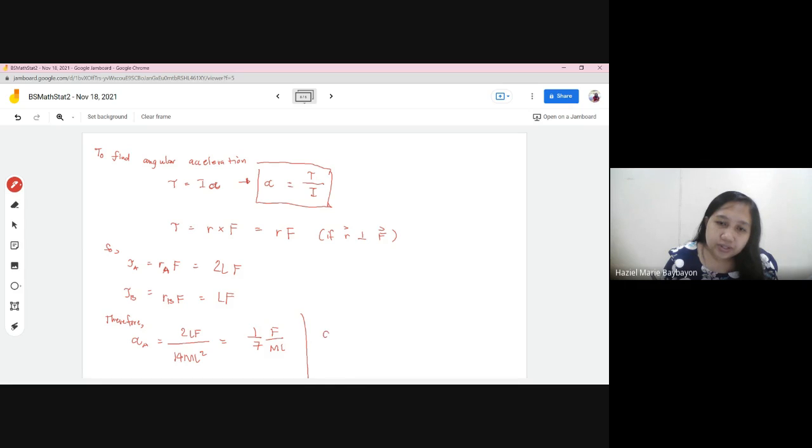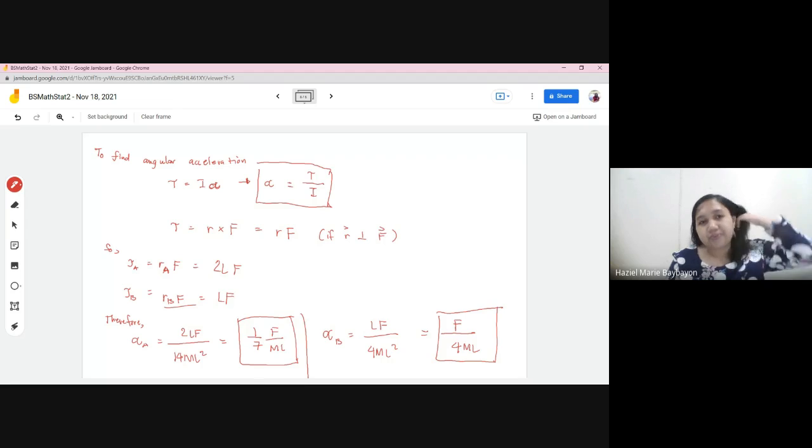And then for your system B, the angular acceleration is equal to L times F, this is the torque, divided by the moment of inertia for system B, which is 4ML squared. This can be simplified: 1/4 F over ML, or F over 4ML. So these are the angular accelerations of the two cases.